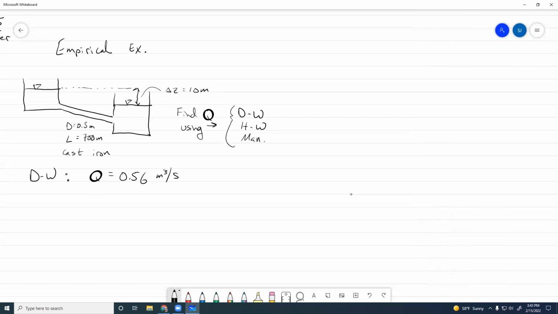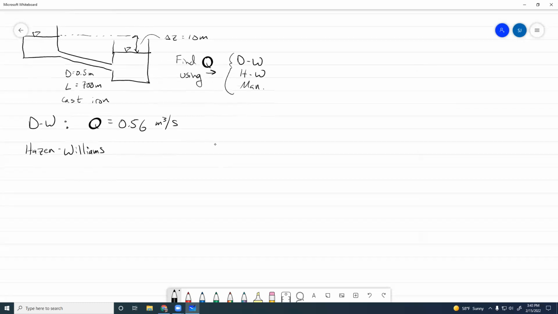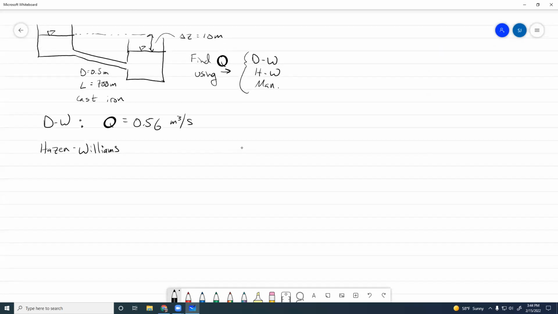And then let's go ahead and do it with those two equations. So first we'll do Hazen Williams. And instead of going through all those steps like we did with the Darcy-Weisbach and energy equation approach, we're just going to plug a bunch of numbers in and calculate it. So our Hazen Williams equation: velocity is equal to, here we are in metric, 0.849 is our outer coefficient.